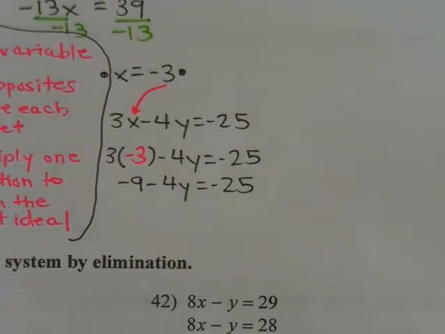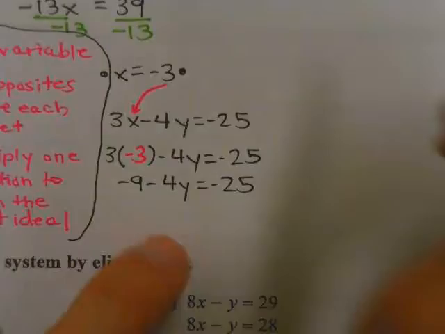So we plug in -3 in the first equation. 3 times -3 is -9.